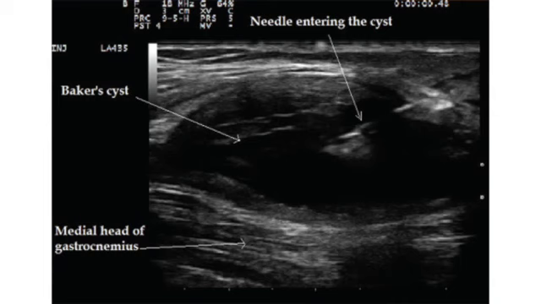Now, this is a Baker cyst. Obviously, a Baker cyst is going to happen in the popliteal fossa. This one's very interesting, especially in the context of PT, and what I may do is dry needle some of that area on the Blackboard Collaborate session. What we see here is a needle entering a Baker cyst.